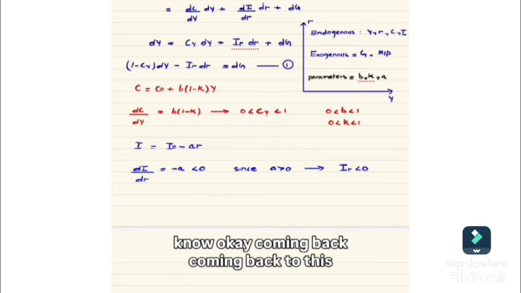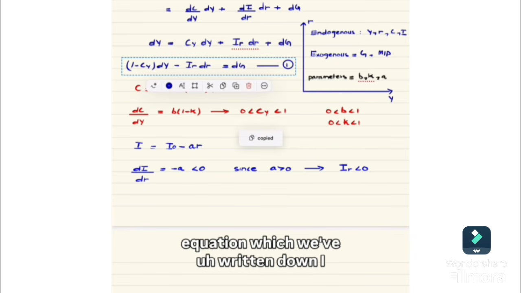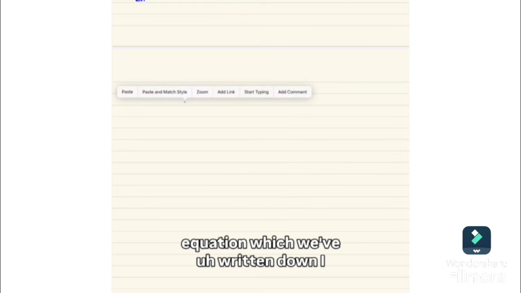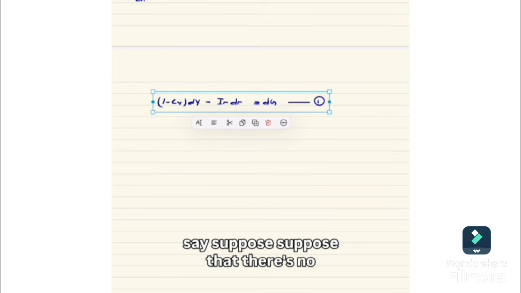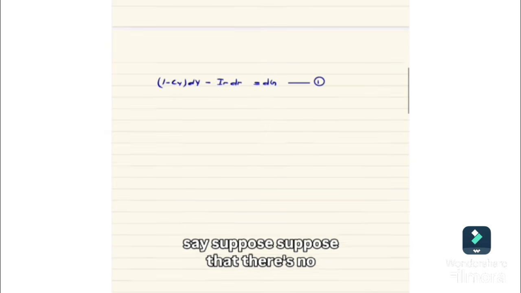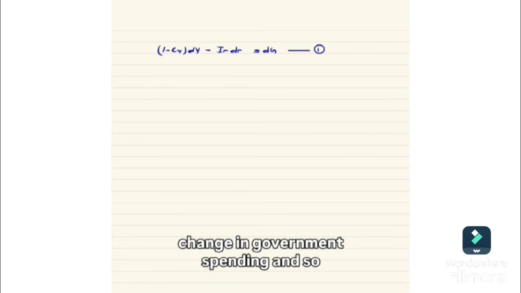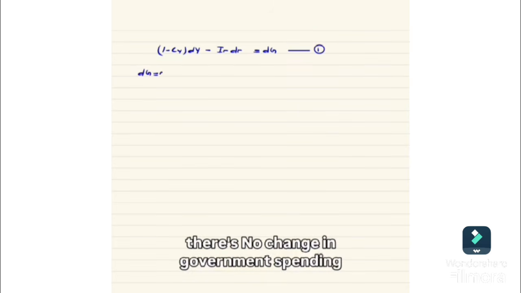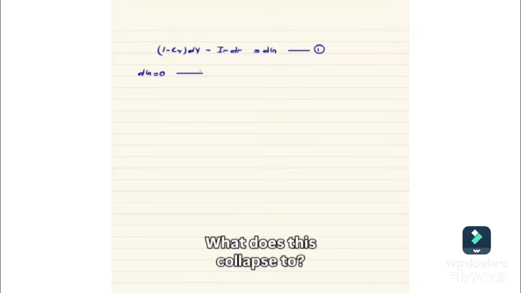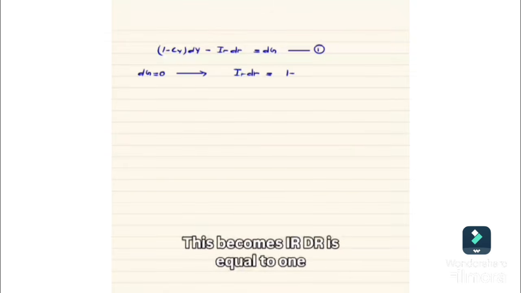Okay, coming back to this equation which we've written down. Suppose I say that there's no change in government spending. What does this collapse to? This becomes I_r dr equals (1 minus C_y) dy.